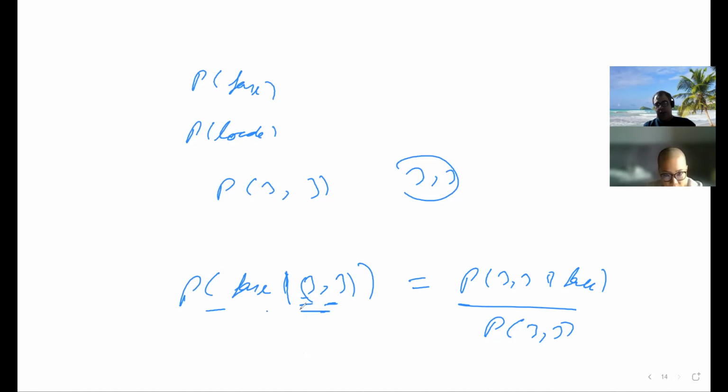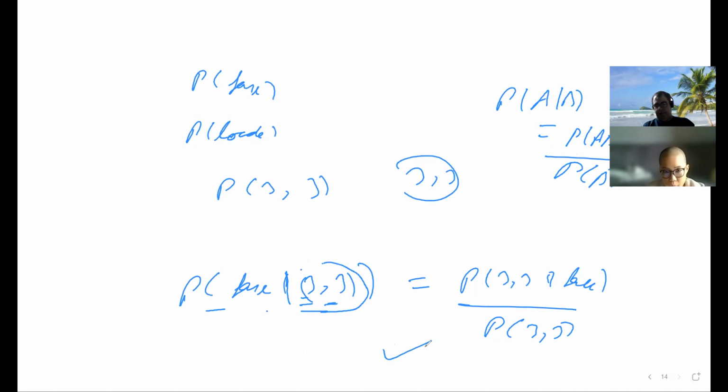So the formula will be P(fair given 3,3) equal to P(3,3 and fair) divided by P(3,3). P(A given B) is equal to P(A and B) upon P(B). This is what I have written here.